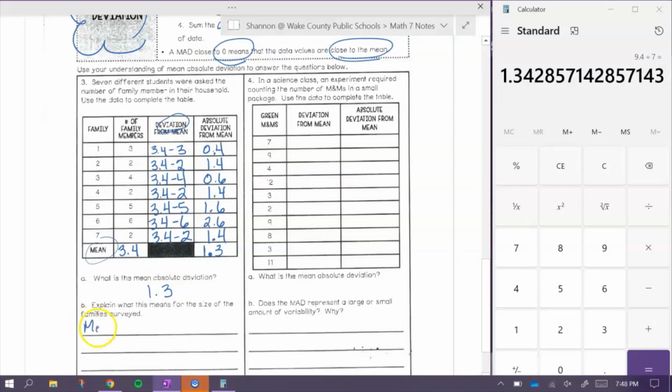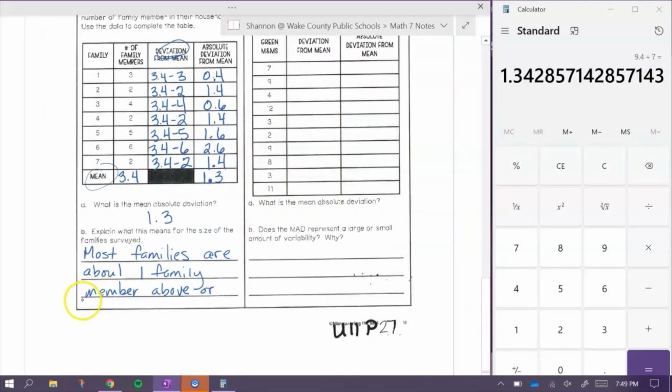So most families are about one family member above or below the mean.